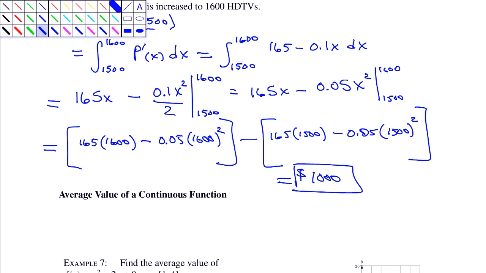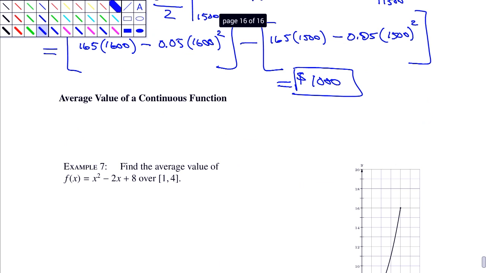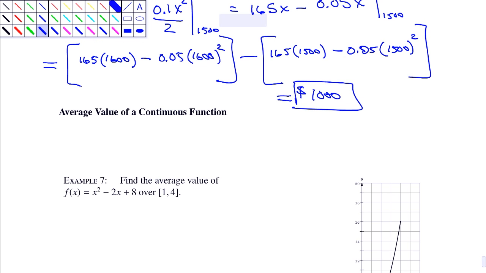All right. Last topic for today is average value of a continuous function. The formula for average value is 1 over b minus a times the integral from a to b of f of x dx.